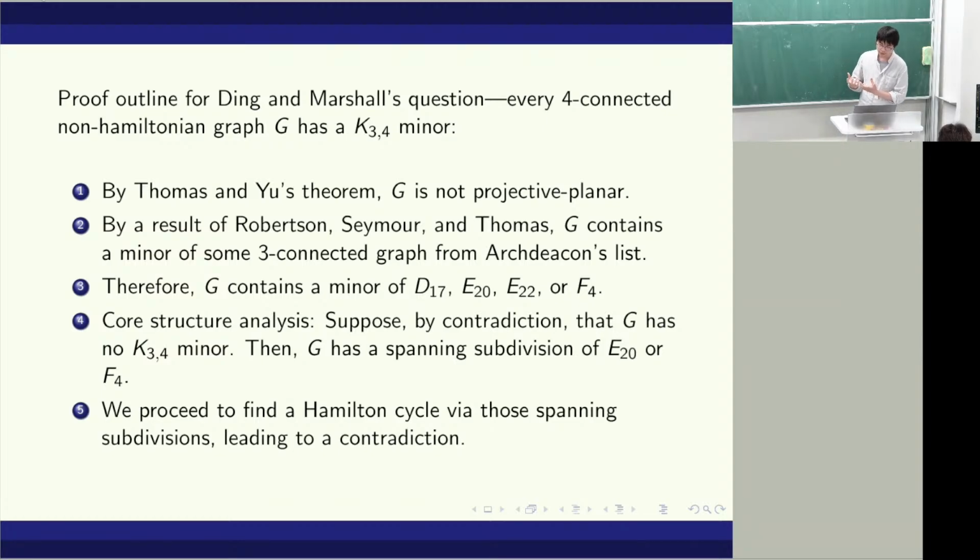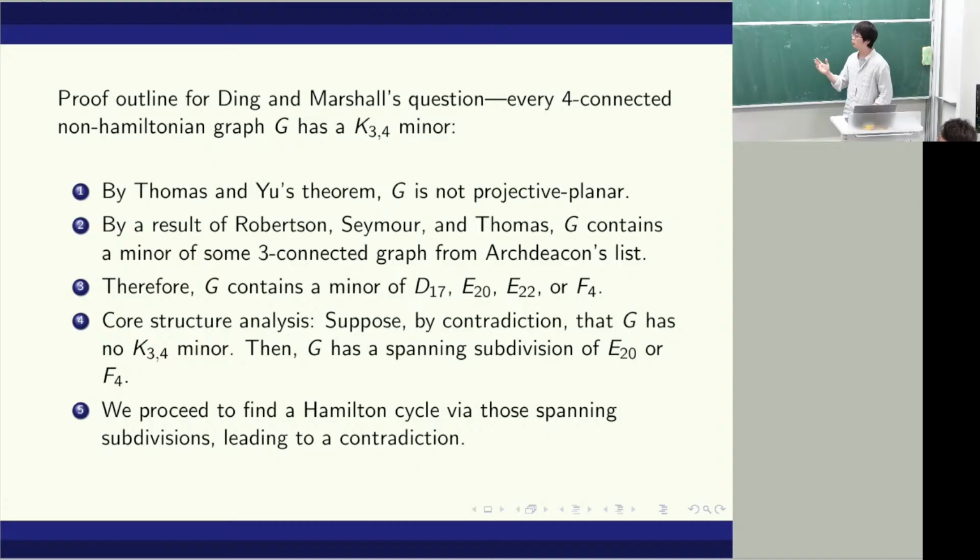First of all, since this graph is 4-connected and non-Hamiltonian, by the results of Thomas and Yu, which we mentioned a long time ago, we know that this graph is not projective planar, which means that we cannot embed it in the projective plane.